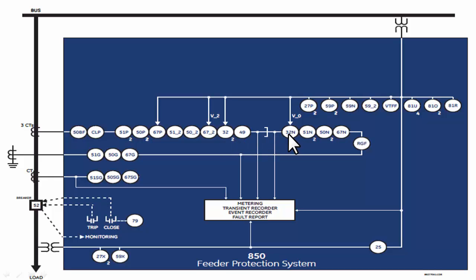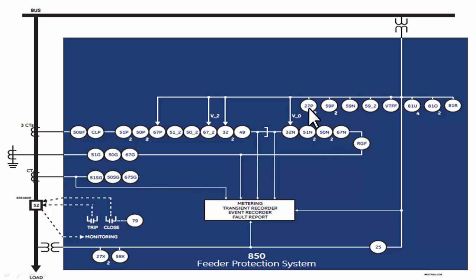And then the neutral elements: ground fault, neutral TOC, neutral IOC, and neutral directional. And we have the ground instantaneous and time overcurrent, and directional. Also sensitive ground time overcurrent, instantaneous, and directional.